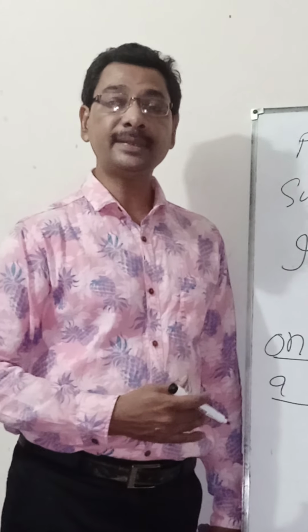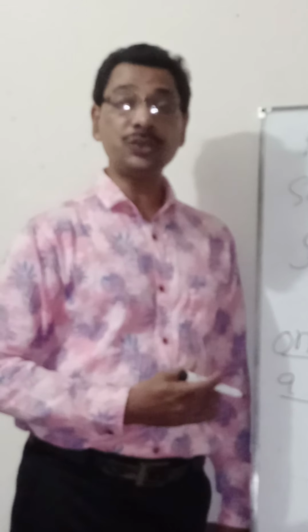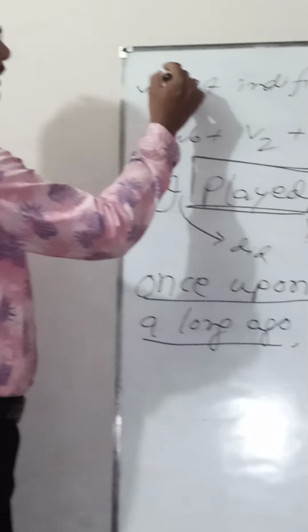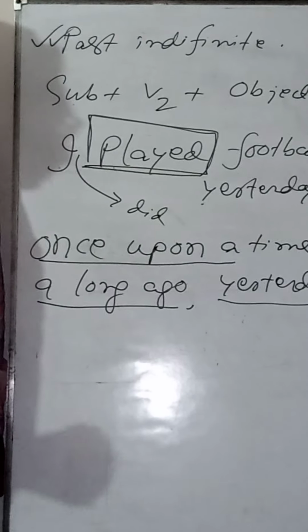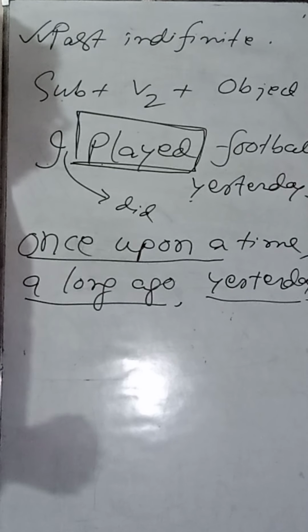You have to memorize the structure of past indefinite tense: subject plus V2 plus object. In this structure, the auxiliary verb will be did. You have to memorize this.